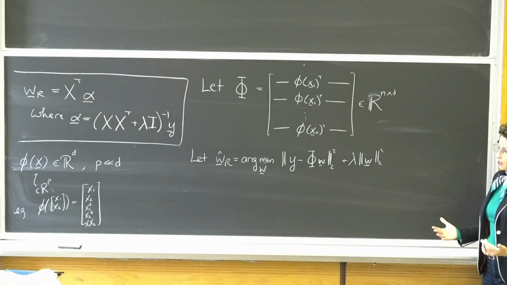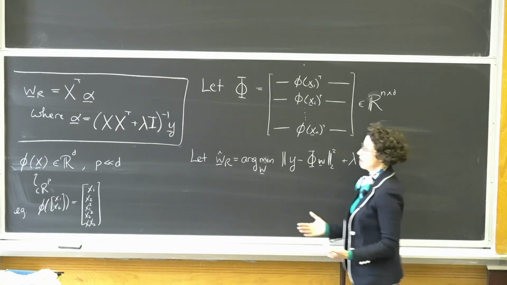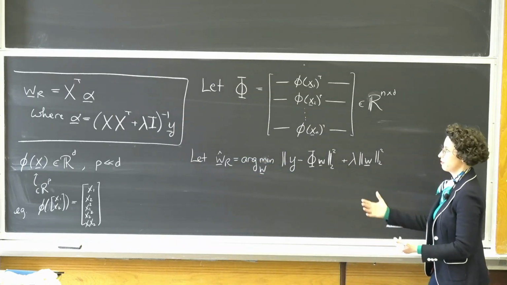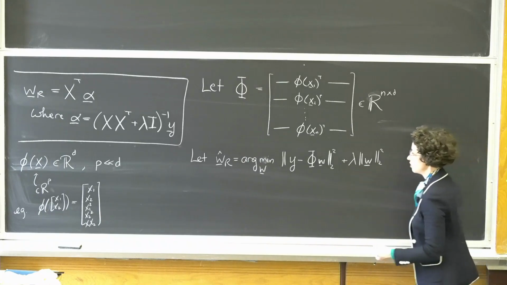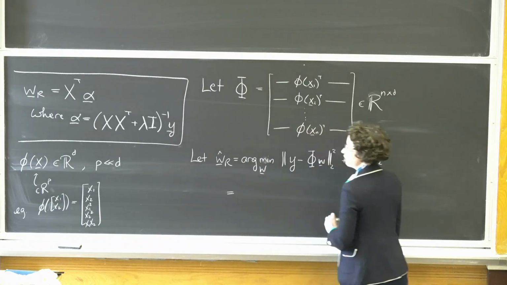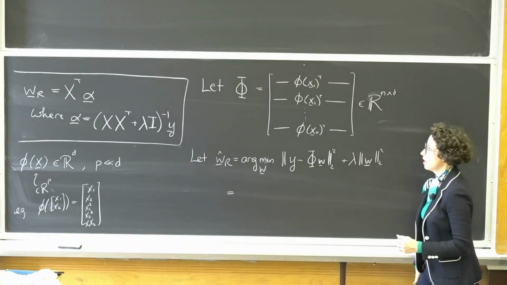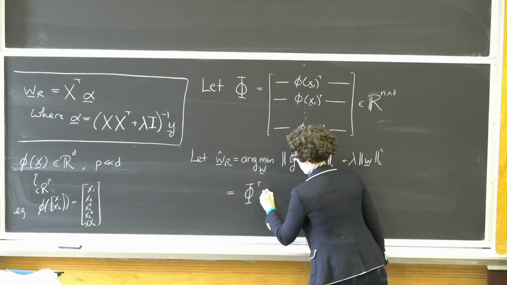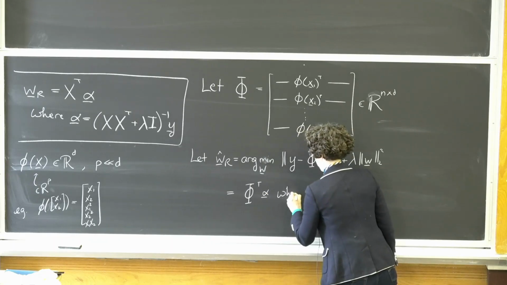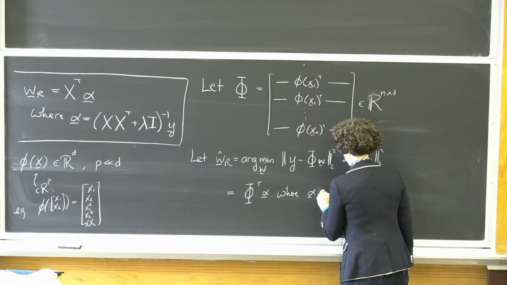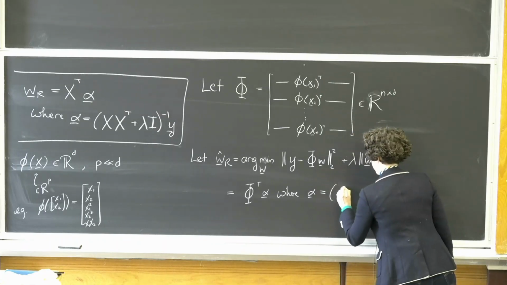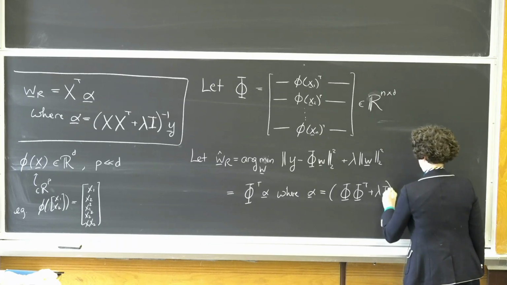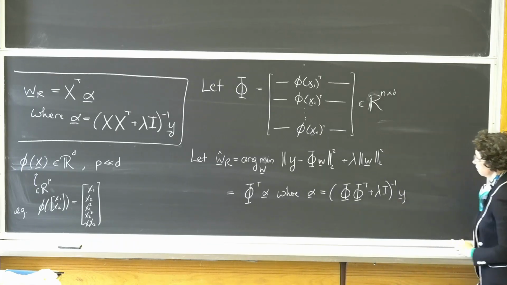But our work is basically done. We can actually take exactly the expression for the ridge regression predictor that we derived for the x space and just plug in phi instead. So now we would have that the weight vector that we seek is going to be capital Phi transpose times alpha, where alpha now is going to be equal to phi phi transpose plus lambda identity inverse times y.